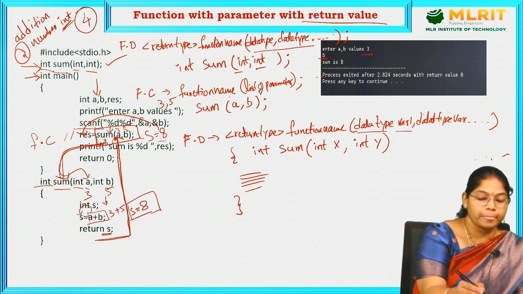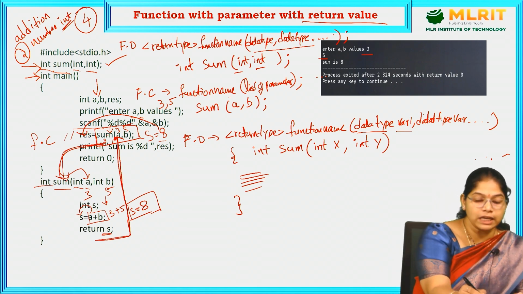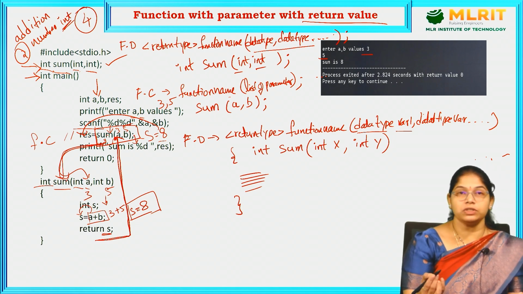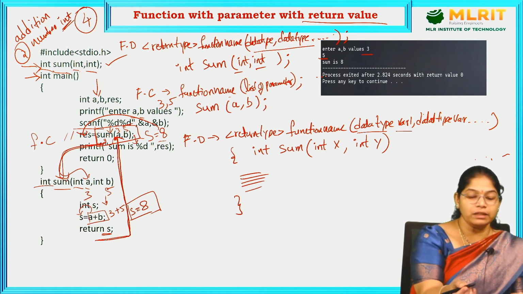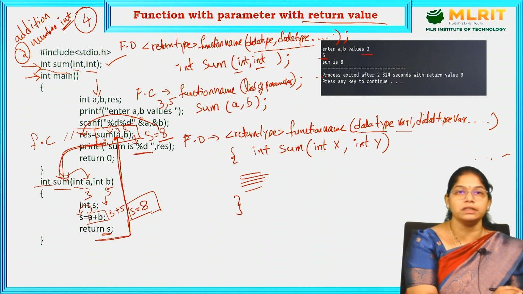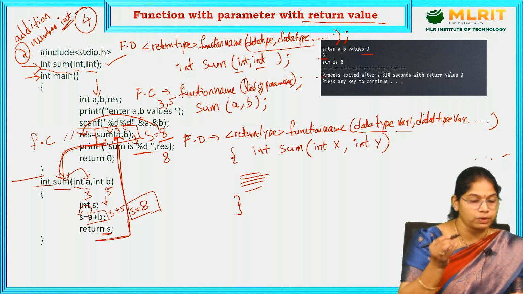Then the control goes back to the function where it is called. Then in the sequence we have printf, sum is equal to %d comma result. I want to print the result. Result is of type integer. To print that integer value, we have to use the format specifier %d comma result. Here result is 8. Then return 0, so the control comes out of the main.